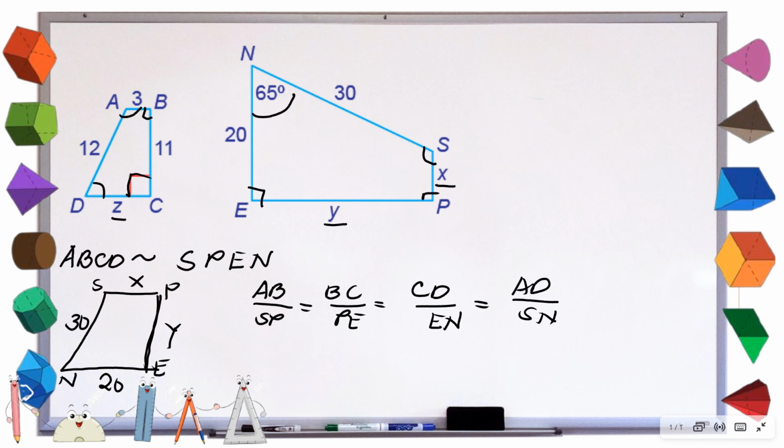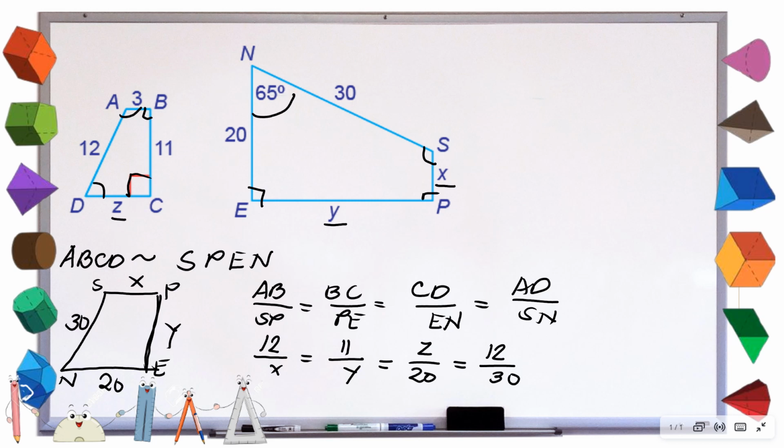So yung AB natin, we have 12 over SP, which is X, BC, which is 11, PE, which is Y, CD, which is Z, EN, which is 20, we have AD, which is 12, and your SN, which is 30.